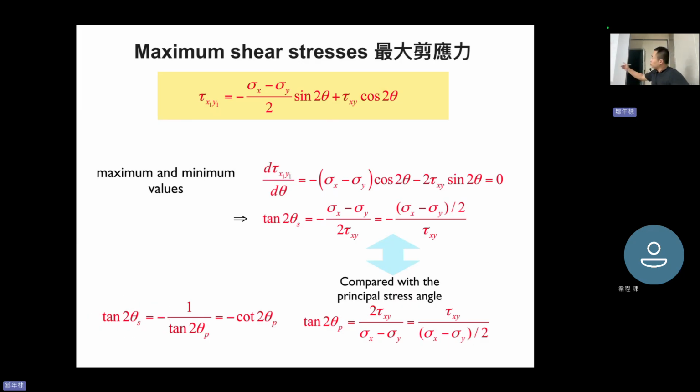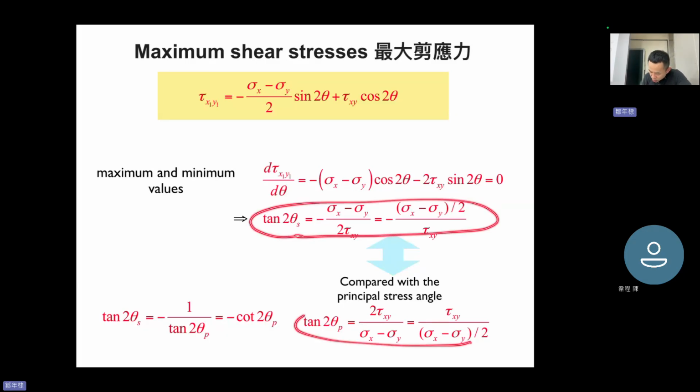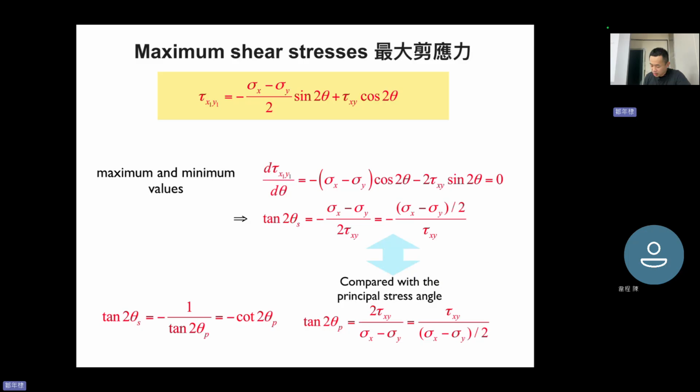Okay, so you can notice that theta s and theta p have a proper relationship. If you determine one of them, you can determine the other. Tangent 2 theta s and tangent 2 theta p are very similar, right? The solution just inverts and gives it a minus sign.